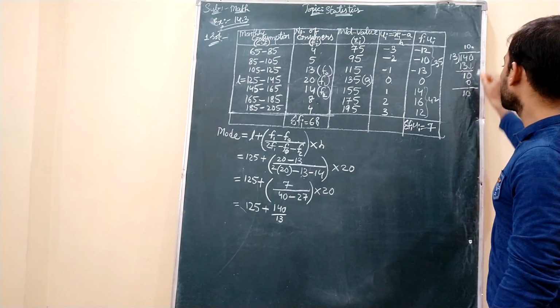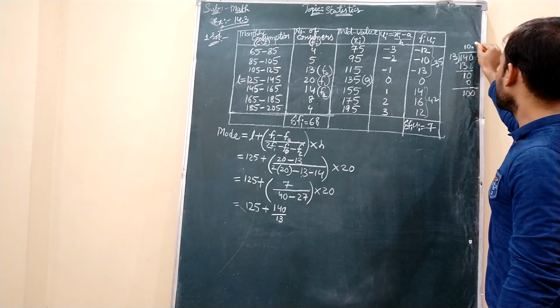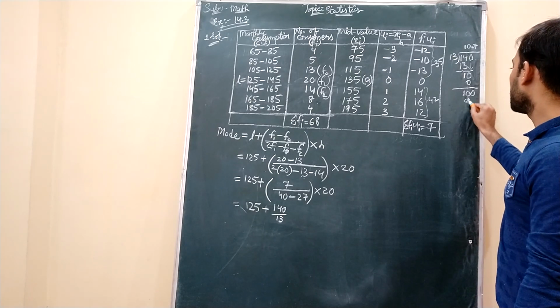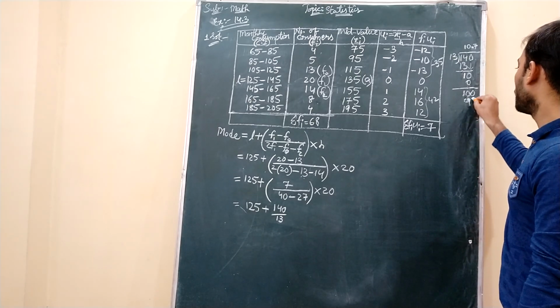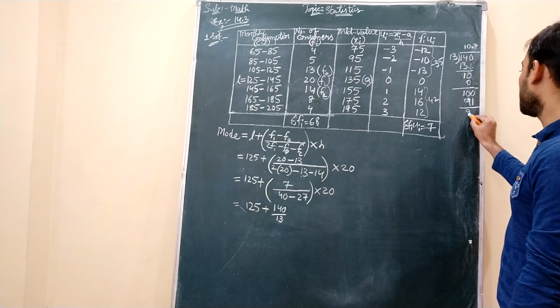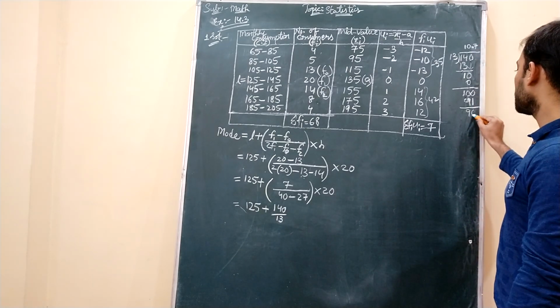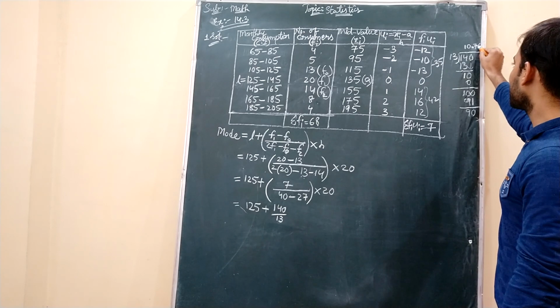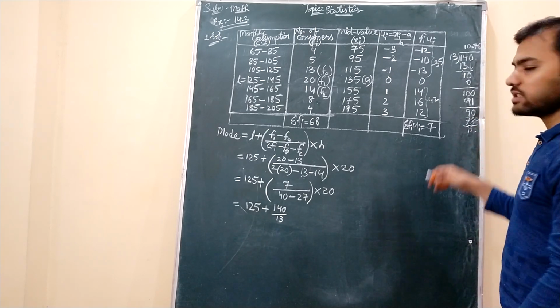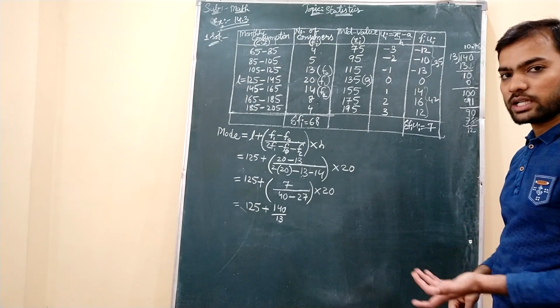So point 0, 13 sevens are 91. Then 100 minus 91 will be 9. Already point you took 0. 13 sixes are 78. 12 remains. But 12 is not a multiple of 13.